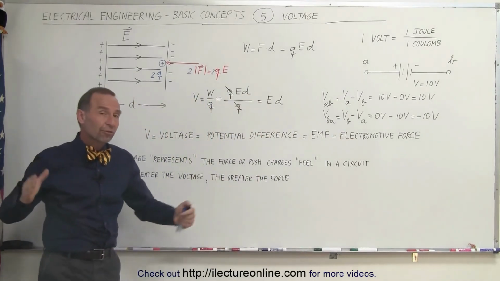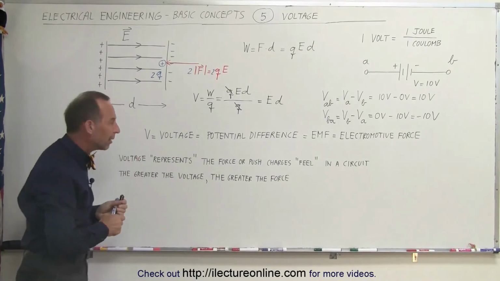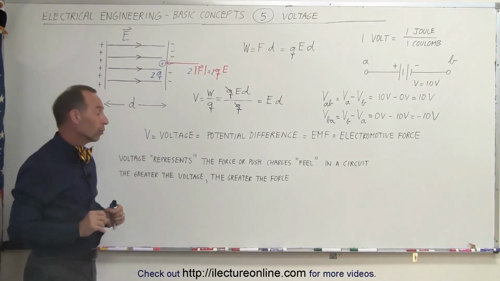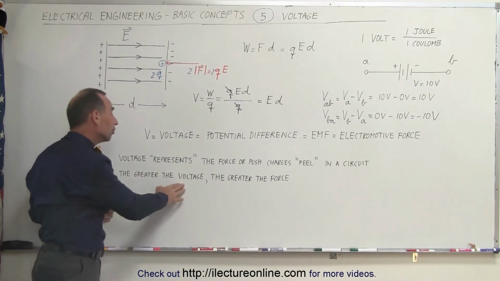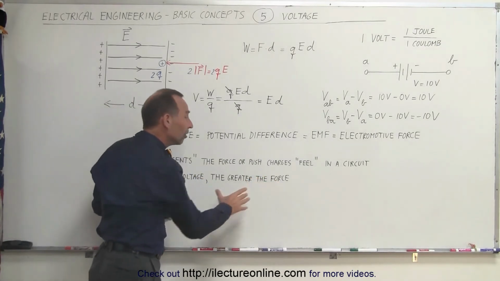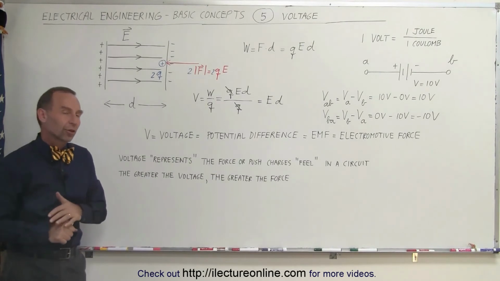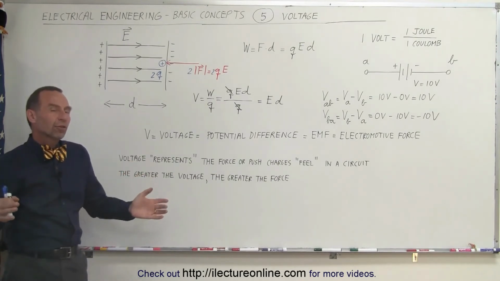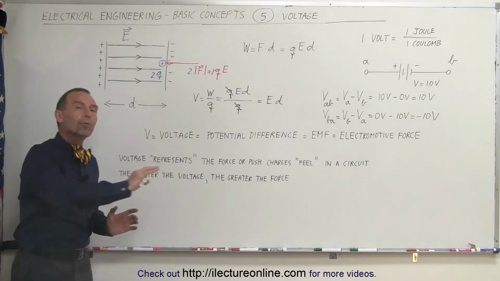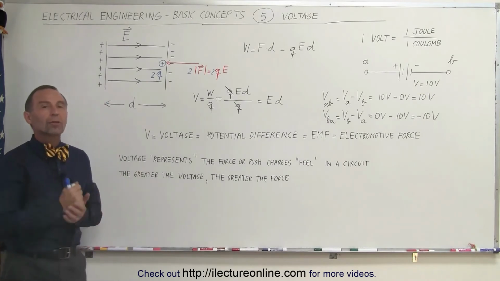The bigger the voltage difference, the bigger the voltage across that battery, the more push that charge is going to feel. The greater the voltage, the greater the force or the push that the charges feel inside the circuit. The bigger the potential difference, the greater the force, the more push to get the charges around the circuit.